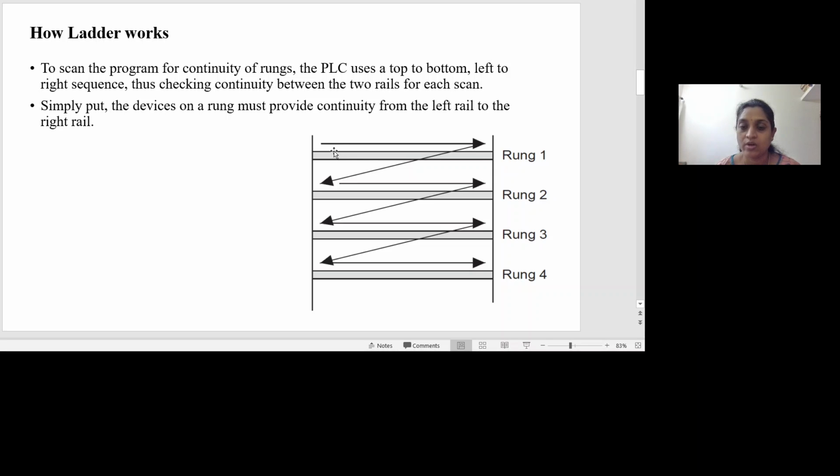Whichever contact is at the leftmost position will be scanned first, and then the second contact will be scanned. So the ladder diagram works like this. The PLC uses a top to bottom, left to right sequence for scanning the ladder diagram.